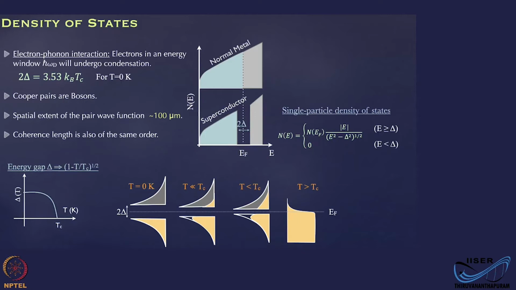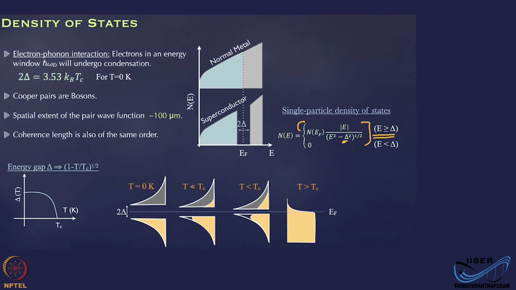Now, when the energy is more than delta, then the single particle density of states is given by this formula, where E is the energy and delta is the superconducting gap. Okay.